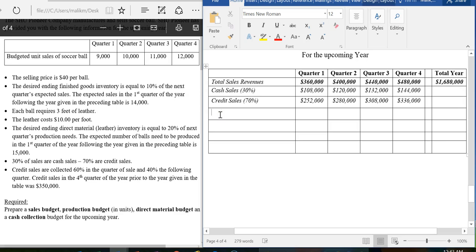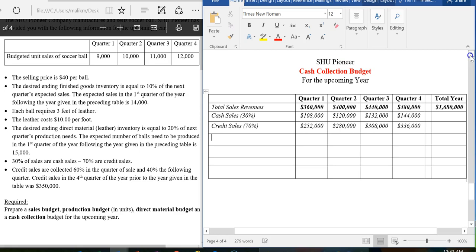So cash collection, how much cash they're gonna collect in quarter one. Of course, all of their cash sales, they're gonna collect right away because these are pure cash sales. So now we're gonna use these cash sales numbers, which are already given here.